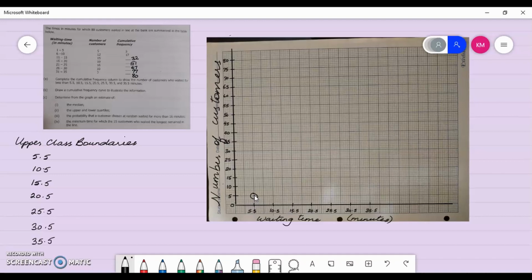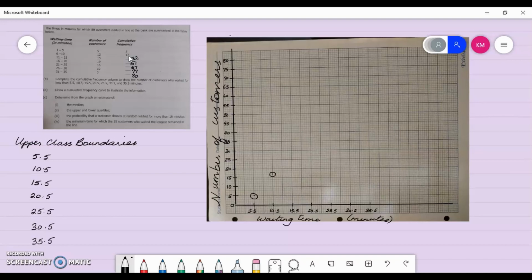Remember, for points, we either put a dot and circle it, or we can use an X. So that's my first point. Next, I have 10.5, and I'm going to be plotting that against 17. So 10.5, I come up until I reach 17. That is going to be here.